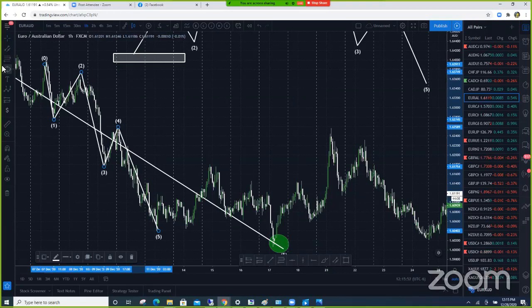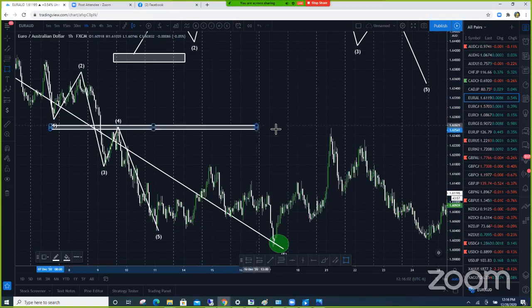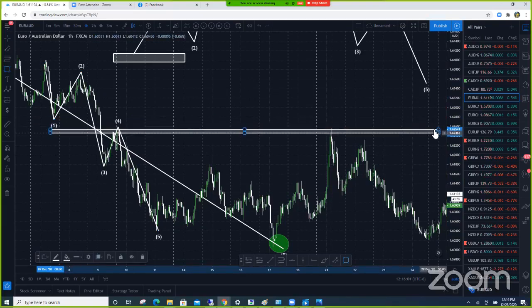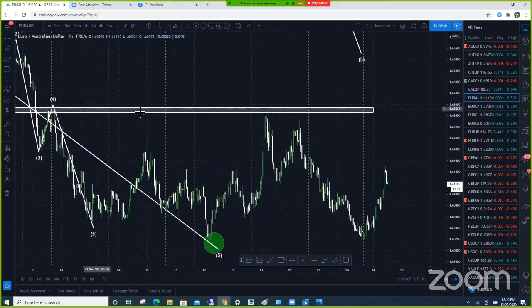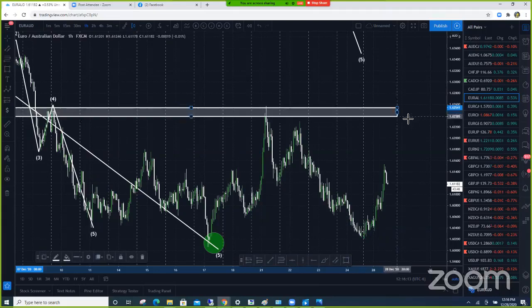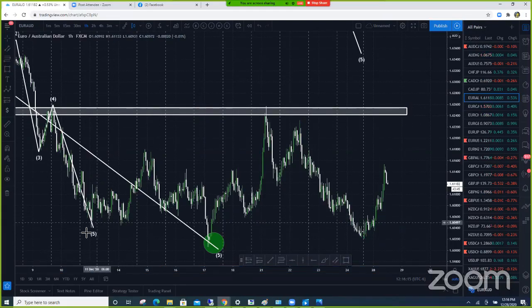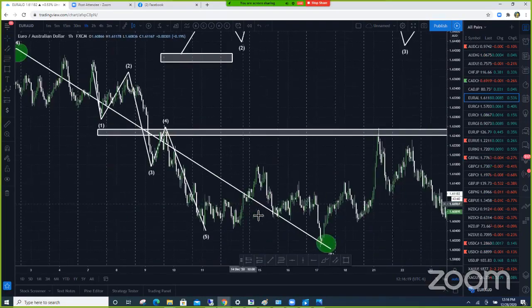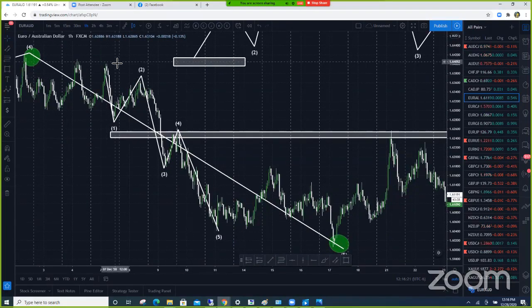So as long as price didn't go above 4, then it's still a downtrend. So price has to reach above this level. See, it tested it over there and see how it bounced off. It tested it over there. But as long as the next high doesn't breach the high of 4, it's still a downtrend because you're going based off the structure.